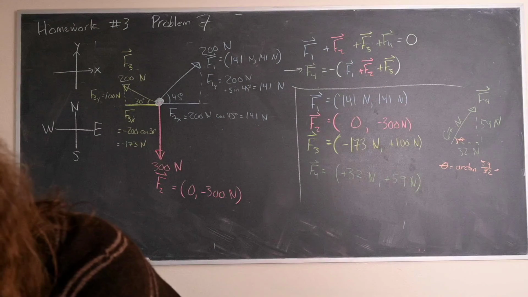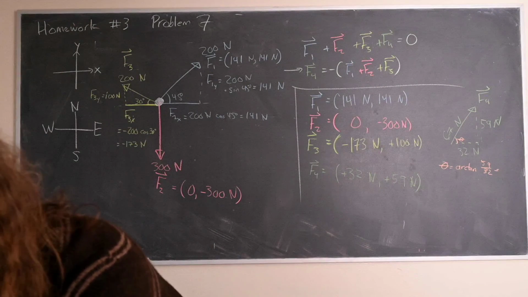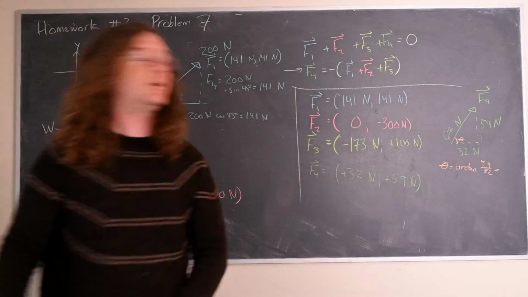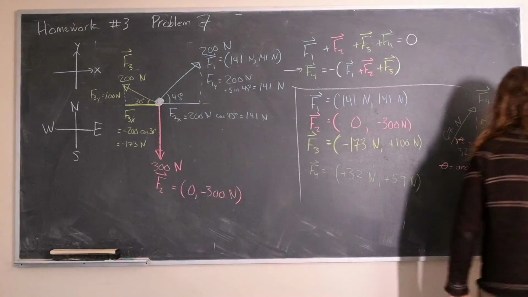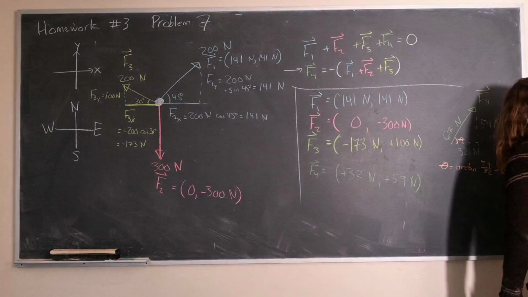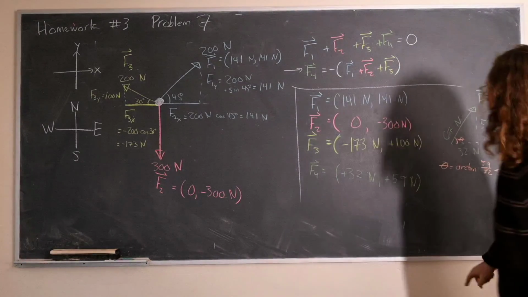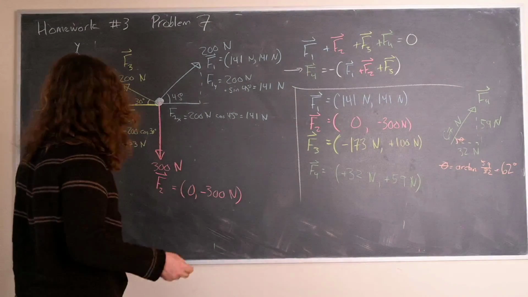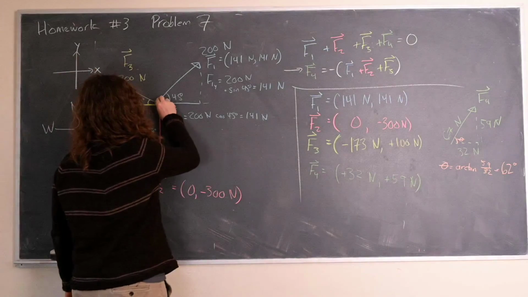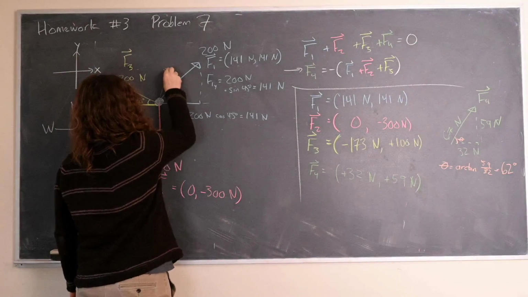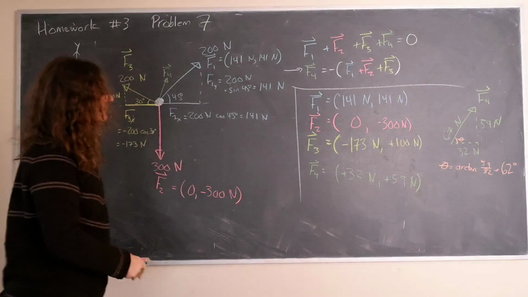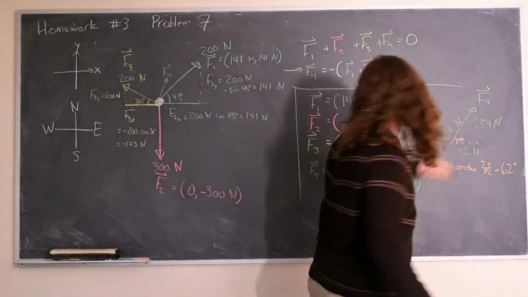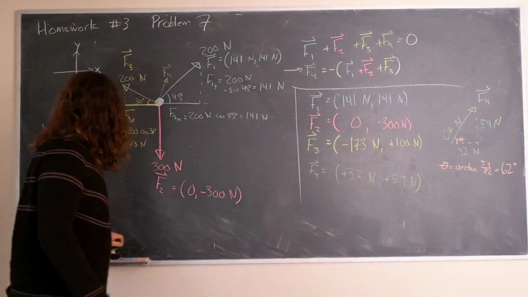Arc tangent of 59 over 32 in degrees, which gives me 62 degrees. So this other rope you have to pull with would be like that, F4. And it's nowhere near as big as the others. It's only 67 newtons and the others are 200 and so on.